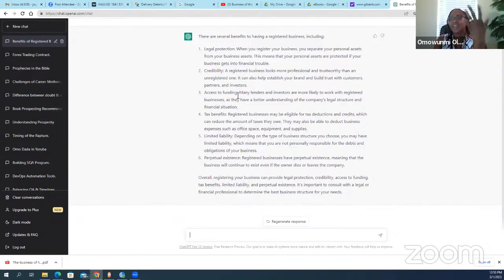Government funding, financial institutions, they see you as contributing to the economy of the nation. Okay, so here, take this fund and continue to contribute, right? Tax benefits, limited liability, yes, that's tied to legal protection, and perpetual existence. So those are just 6 of the benefits.